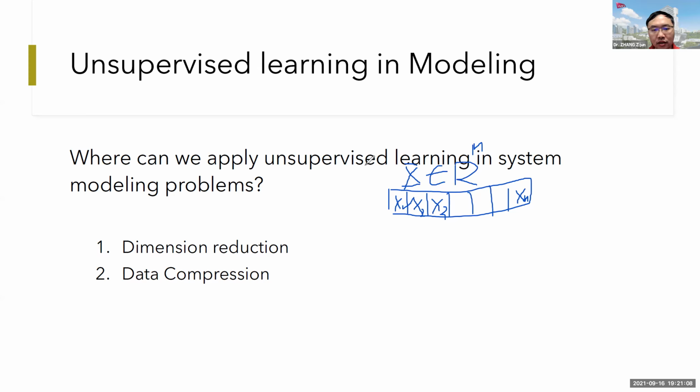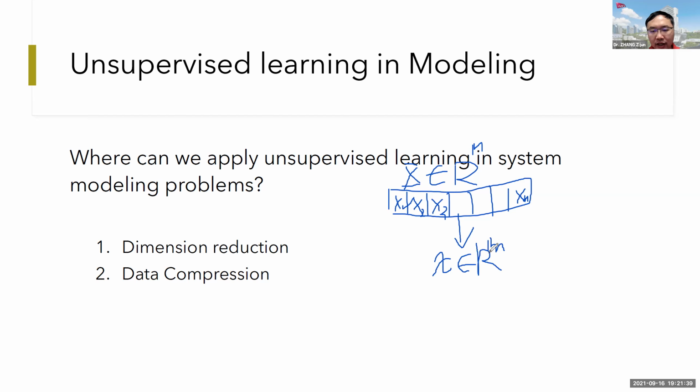Dimension reduction means that if n is too large, and we think such a large n is not necessary, then we would like to reduce it to another dimension, where chi belongs to R^m.